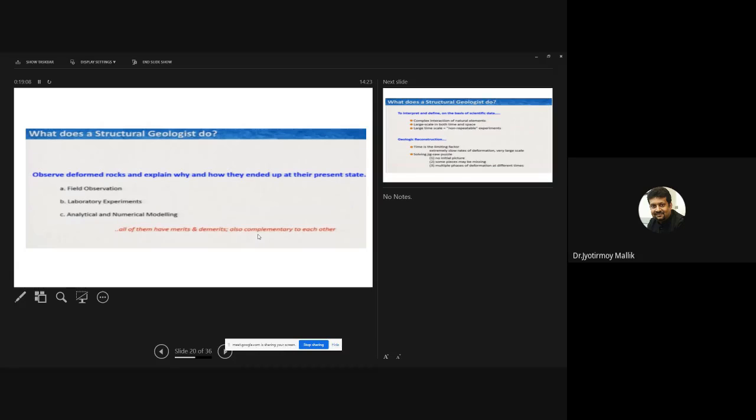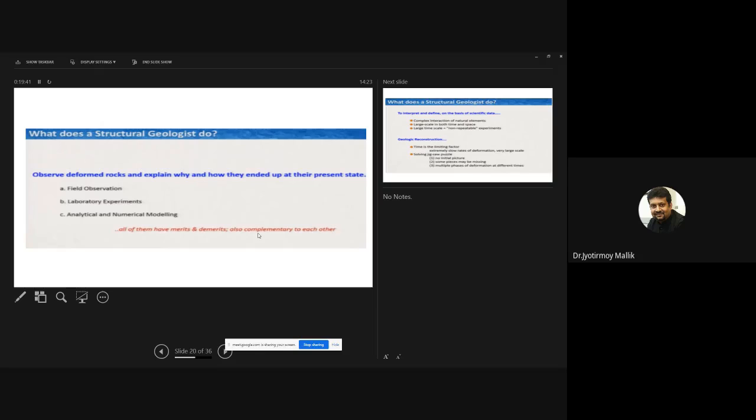So what does a structural geologist do? Observe deformed rocks and explain why and how they ended up in their present state. As simple as that. You observe a deformed rock and then explain how. How means we are talking about what approach, kinematic or dynamic? Can someone tell me how? If I answer the question how, we are going to look at the kinematic approach, the process by which the rock has deformed.